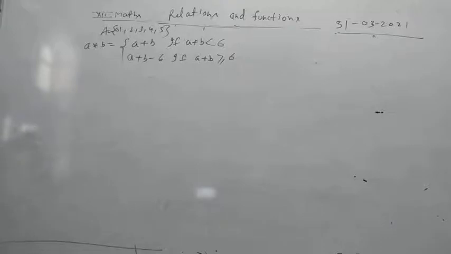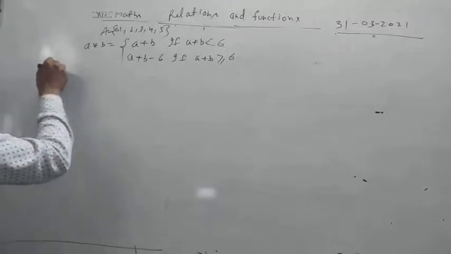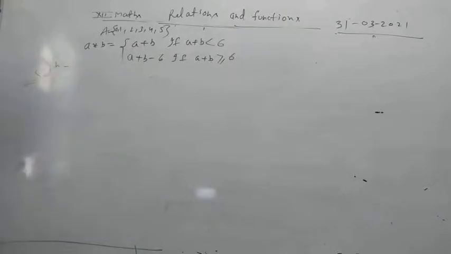Okay, and then we have to show that 0 is the identity element for this operation.